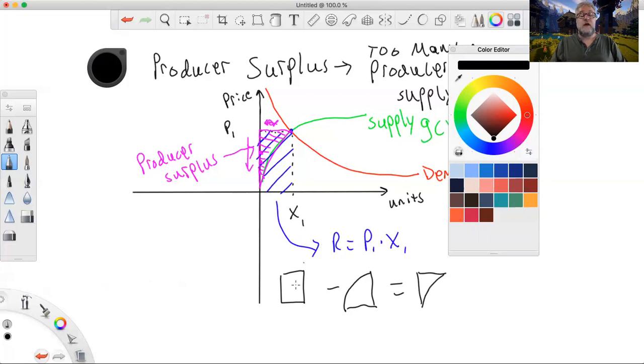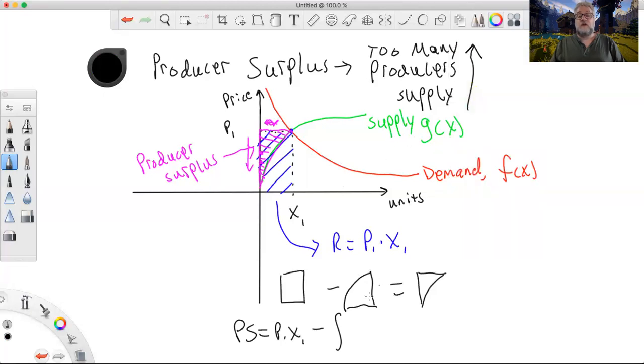So the producer surplus is going to be the area of the rectangle minus the area underneath the curve. The way we calculate the area underneath that curve, and that curve is g of x, is we integrate from 0 to x1.